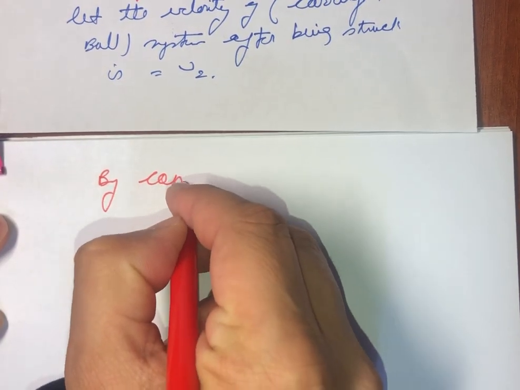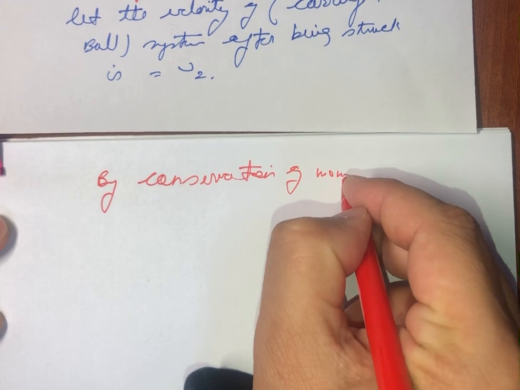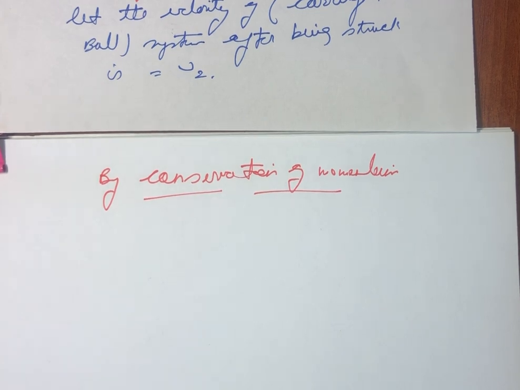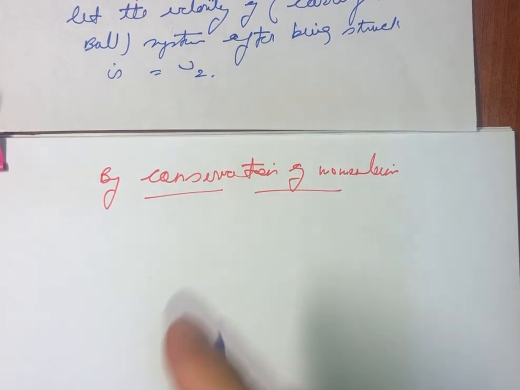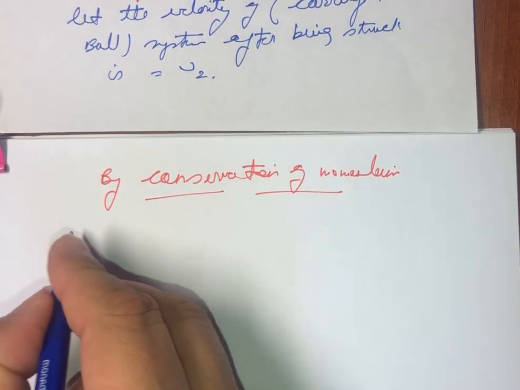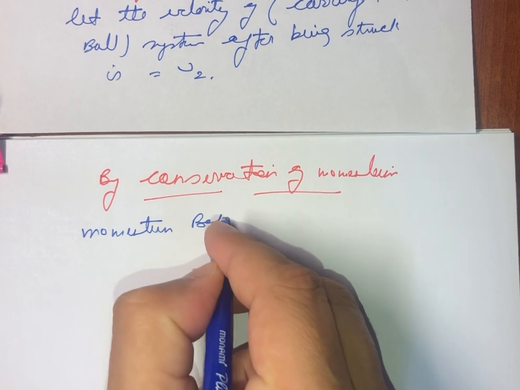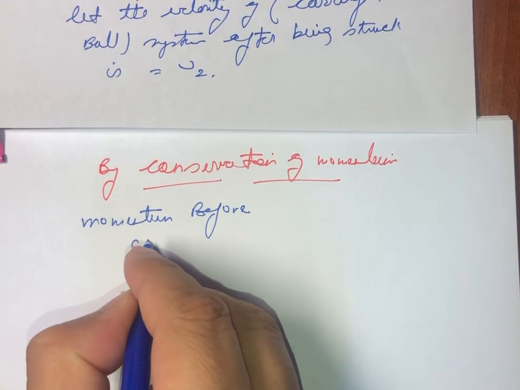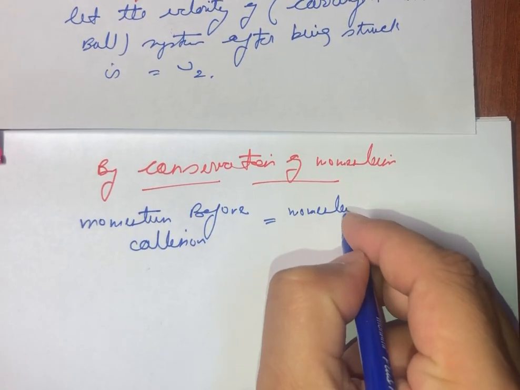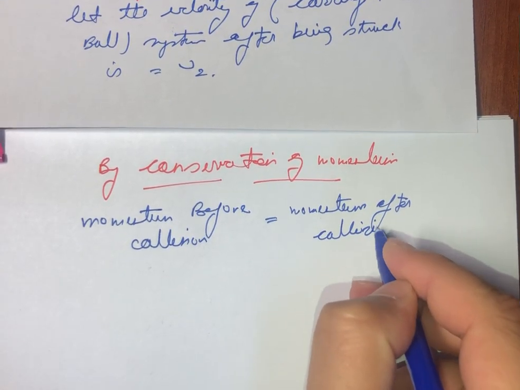By conservation of momentum, you can say momentum before collision will be equal to momentum after collision.